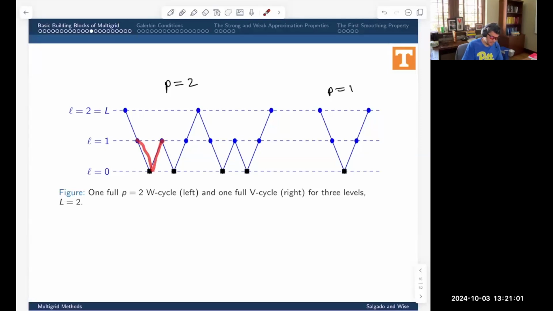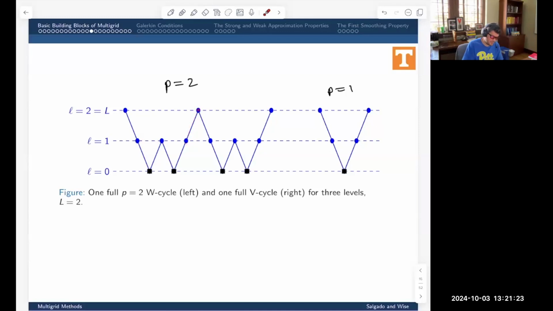We go through once and come back up, and we go through again, and we're done at level L equals 1. We called that twice. Go down once, go down again, and that is P equals 2, called from level L equals 1. In fact, we can go all the way back up to our finest level after exiting that loop.